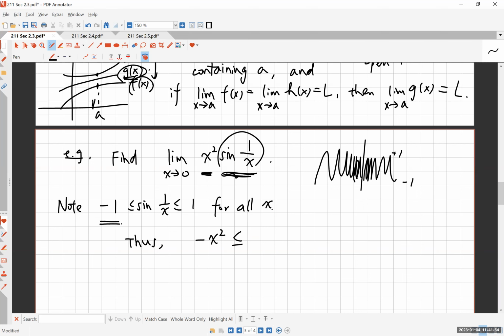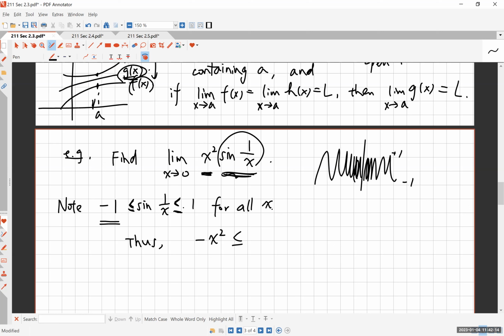Or I can just multiply this by x squared. Now, by the way, x squared is always positive as long as x is not 0. So when you multiply an inequality by a positive number, the inequality does not change its direction.